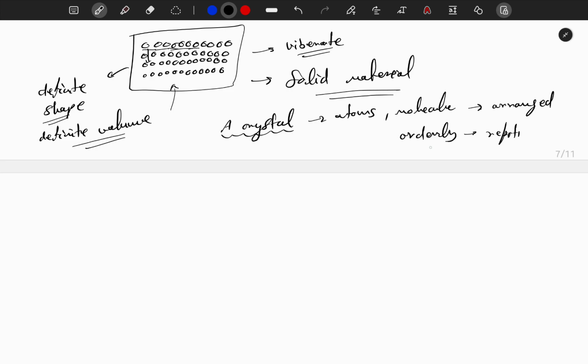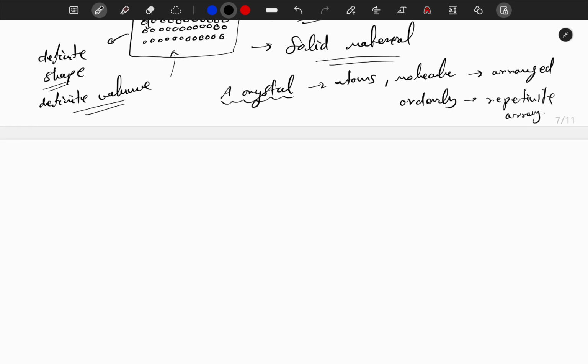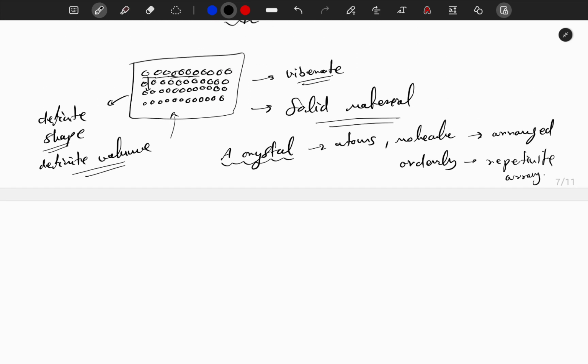So they arrange in an orderly repetitive array. This is the shortest definition of a crystal. It may not be a complete definition, but it is a true description of a crystal. We will discuss it in detail later, obviously.